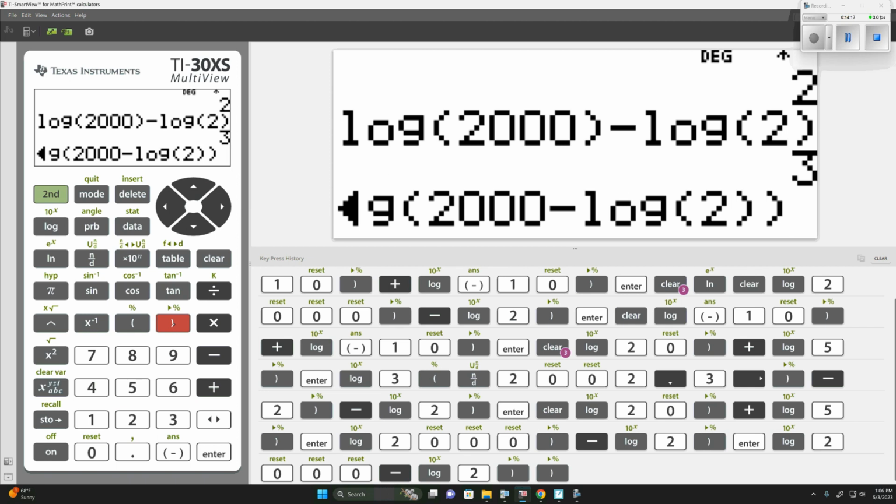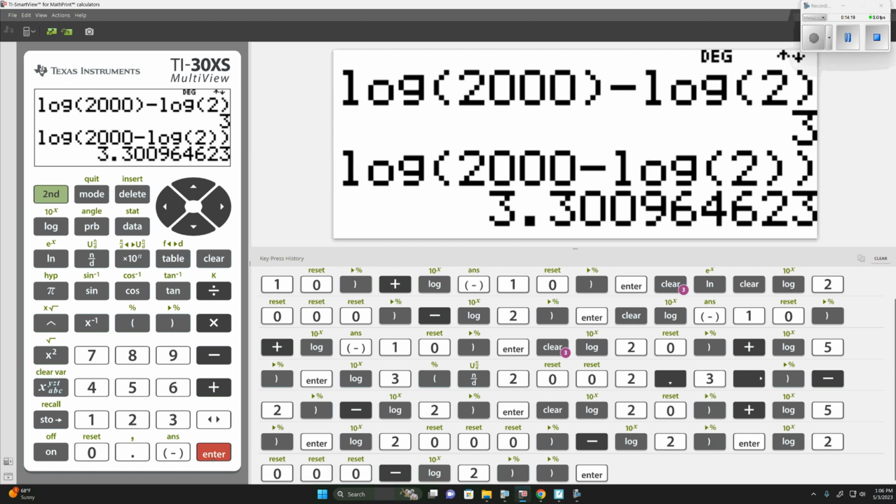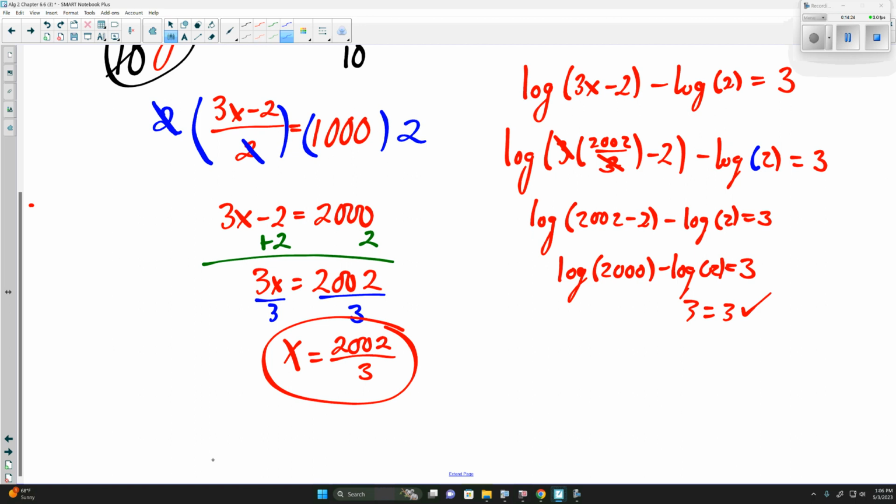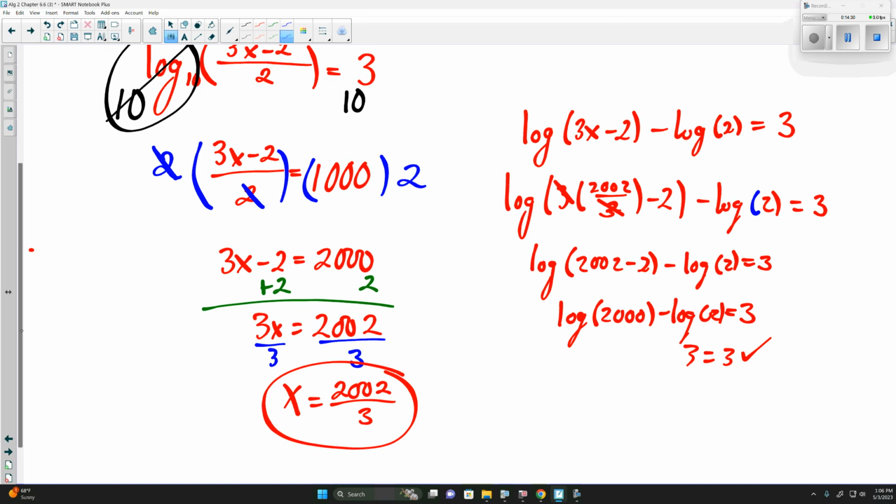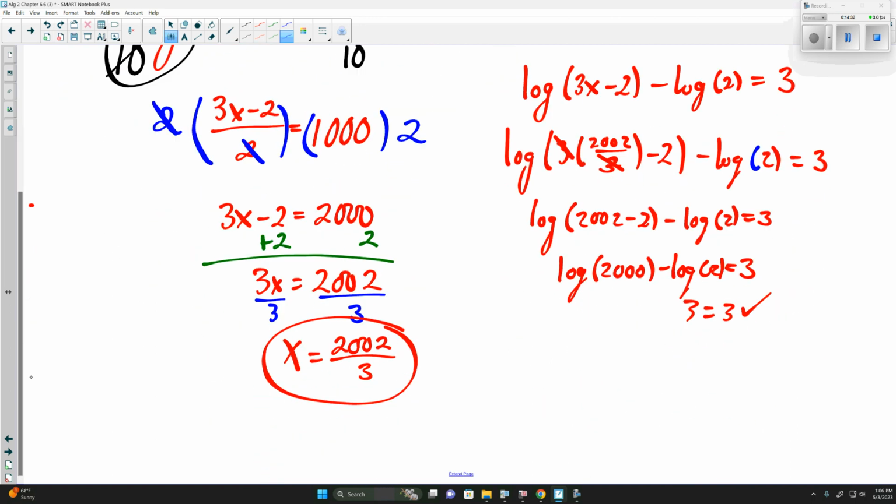It subtracted log of 2 from 2000 and then took log of it. So we do need to be careful with the parentheses and how we put them together. But that's it with this here. Now we didn't get 2 solutions because the degree of x that we had with this is 1.